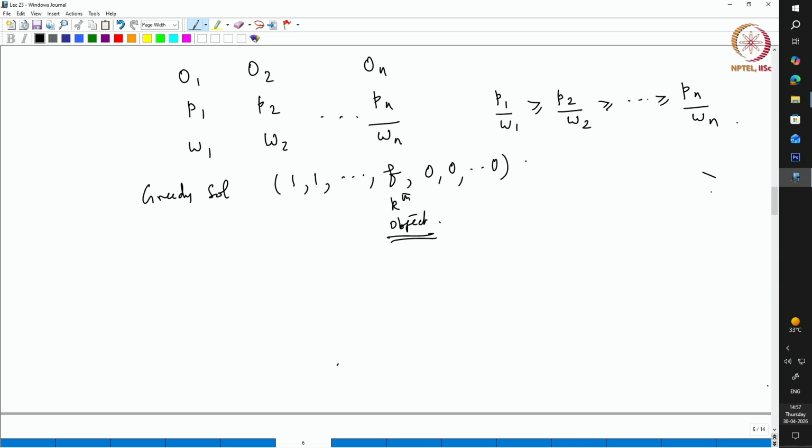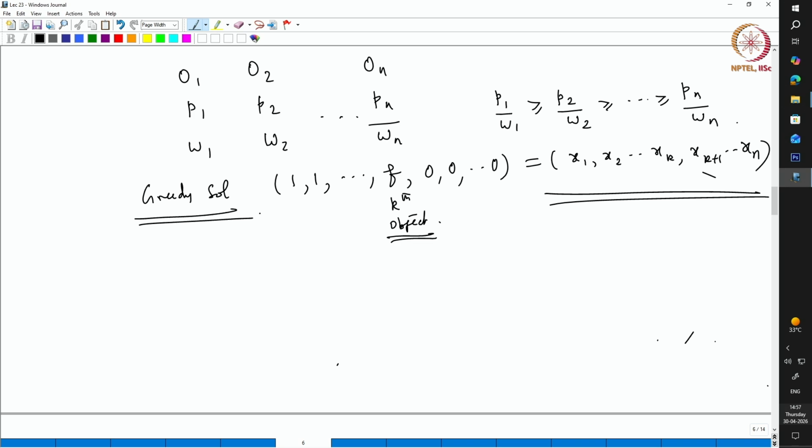So, this is how my greedy solution, which is x1, x2, etc., xk plus 1, xn is going to look like. Take as much as possible means you can take 1 unit. If it is possible for you to take 1 unit, take 1 unit and go to the next object.